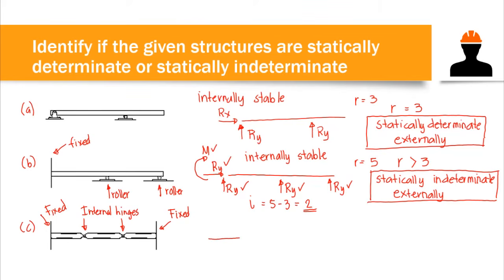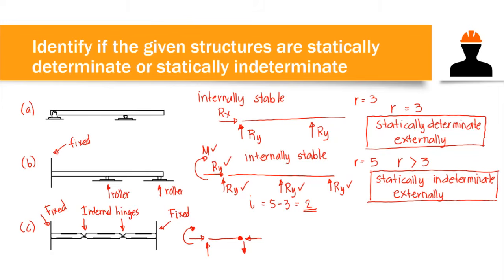At the fixed support, we have vertical force, horizontal force, and moment. Now, at the point of internal hinge, we have 2 internal forces: a vertical force, let's say going downward, and a horizontal force.